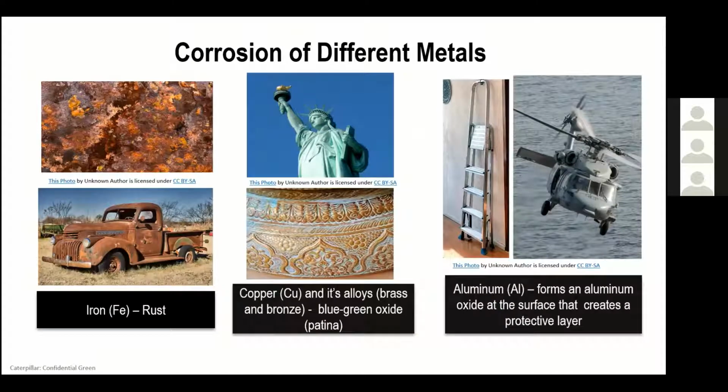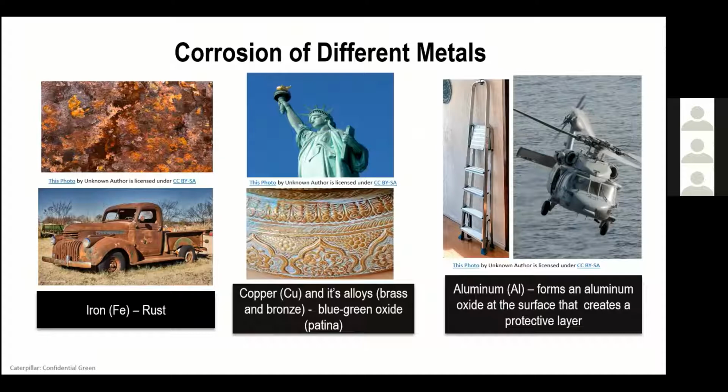Over on the left-hand side, like I said previously, we're really focused so far on rust occurring with ferrous substrates. Now I want to talk a little more about copper and aluminum. And obviously you can see the Statue of Liberty.